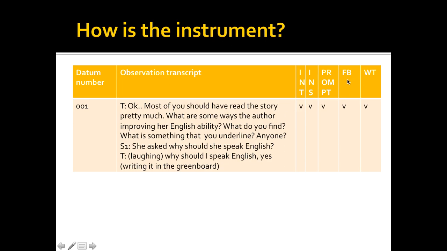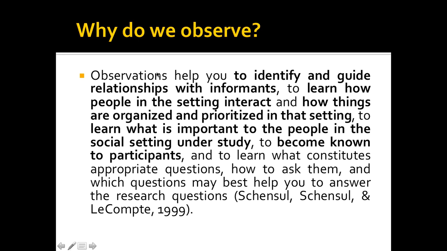And then is there feedbacks? Well, yes, there is feedbacks. Yes, this is a feedback. And then is there waiting time? Yeah, because it appears to have the word anyone, means that the teacher should wait for a while. And then he said anyone, and then one student came up with the answer. Interesting, right?